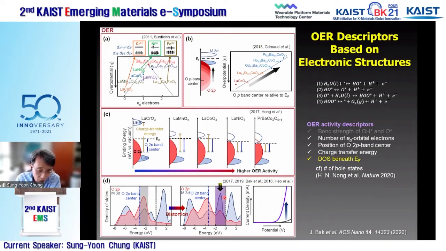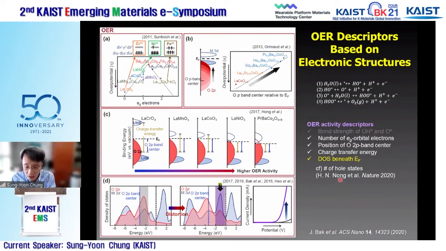So if we have a large density of states near the Fermi energy level, there is a lot of room for electron holes, which means it is very efficient for the oxygen evolution reaction.